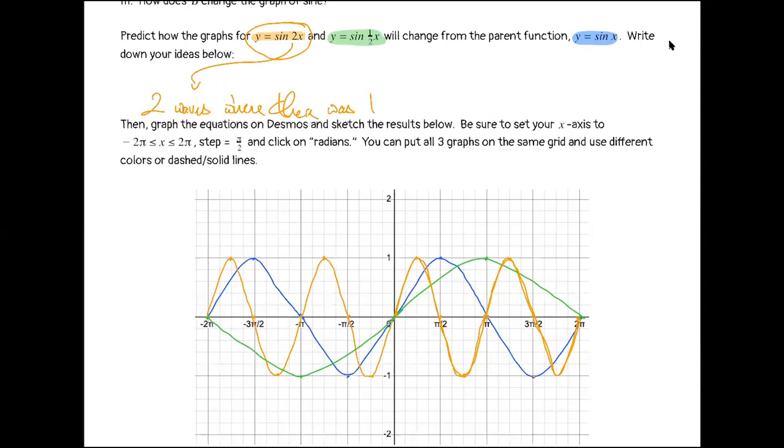And now this one, this 1/2, tells us that there's a half a wave where there was 1, okay? So I want us to not only say stretch and shrink or stretch and compress, but I want us to know how many there are going to be, okay? Are there any questions about that?